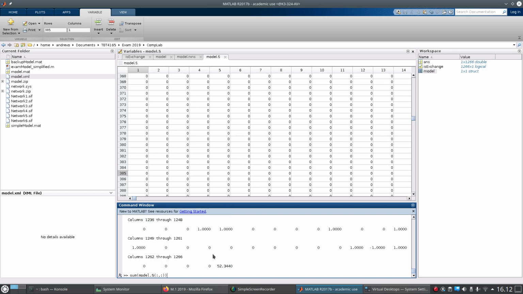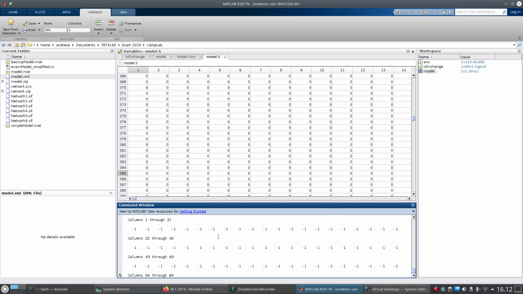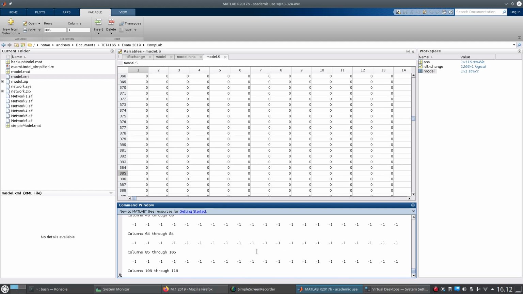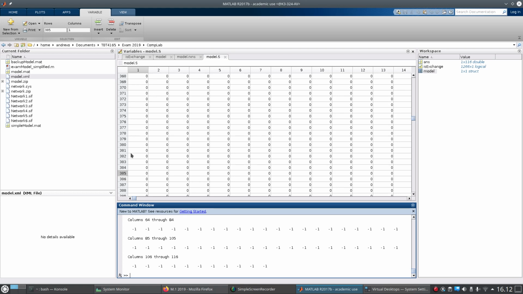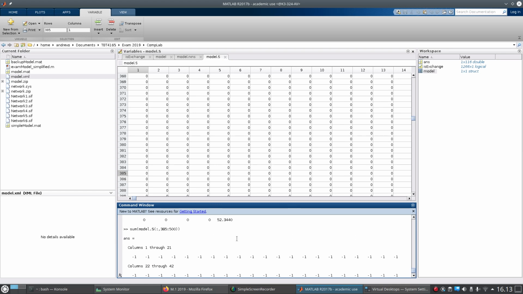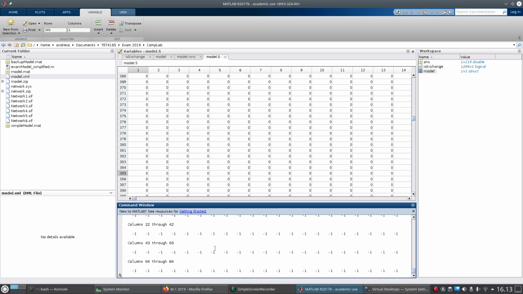Actually, 385. So let's do here 385 to what was it, 500 sharp, I think it was. And you see here, these are all 1, or all -1 rather, which means that for each of our exchange reactions, that exchange reaction corresponds to the uptake of a single metabolite.